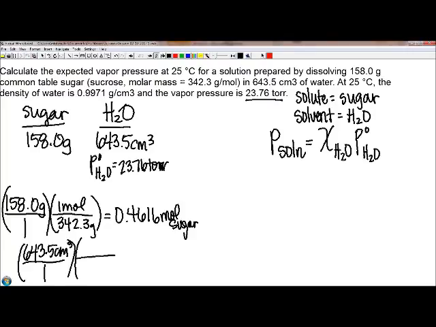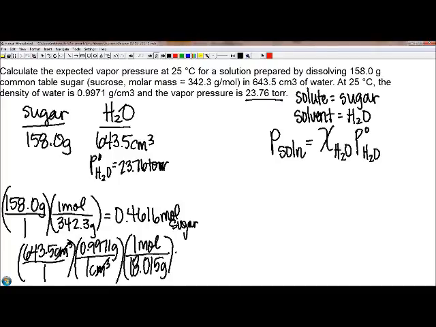I'm going to multiply by the density, 0.9971, because that's grams per 1 cubic centimeter. So that will help us to cancel out the cubic centimeters. And then we are going to divide, just like we did before, by the molar mass of water, which is about 18.015 grams. So when you solve that out, you get that the moles of water are 35.60.